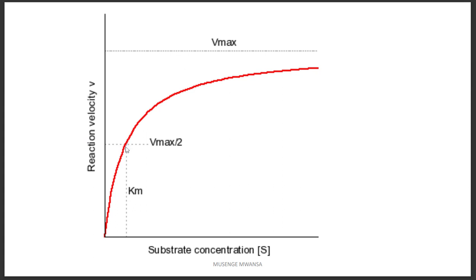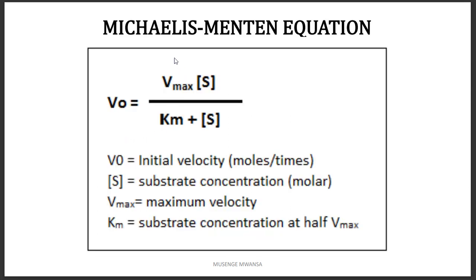And so that is a first order reaction. Now, as we go on, we see increase in substrate concentration is not affecting the rate of the reaction. So this is zero order. So we have got a combination of zero order and first order here. That is why we use the Michaelis-Menten equation.